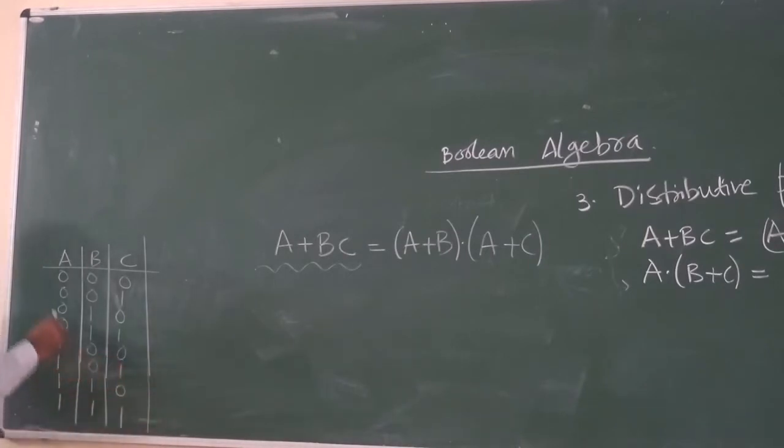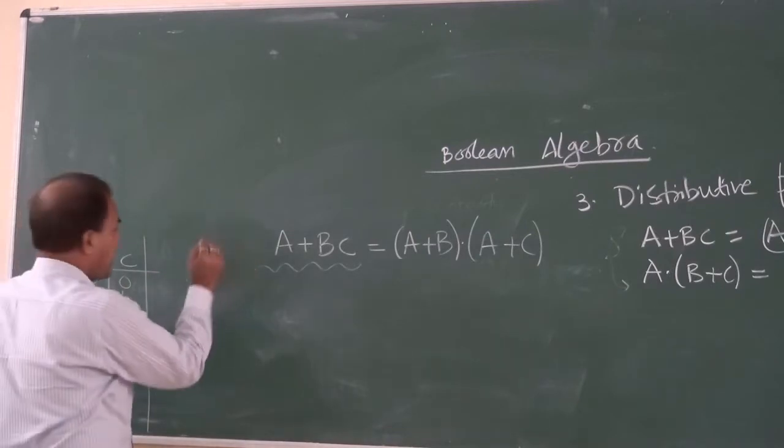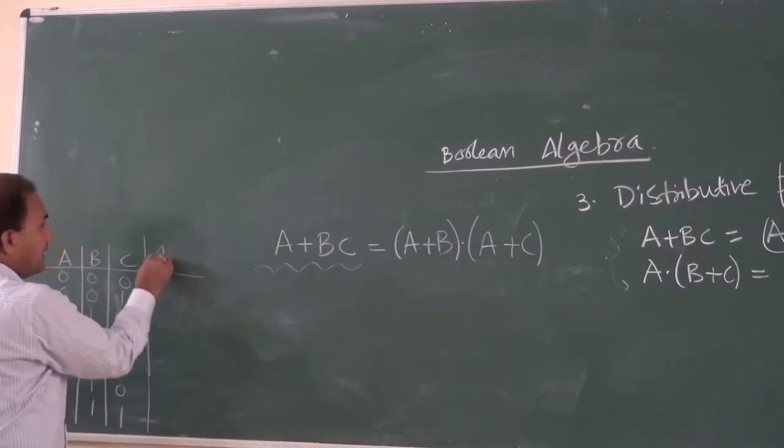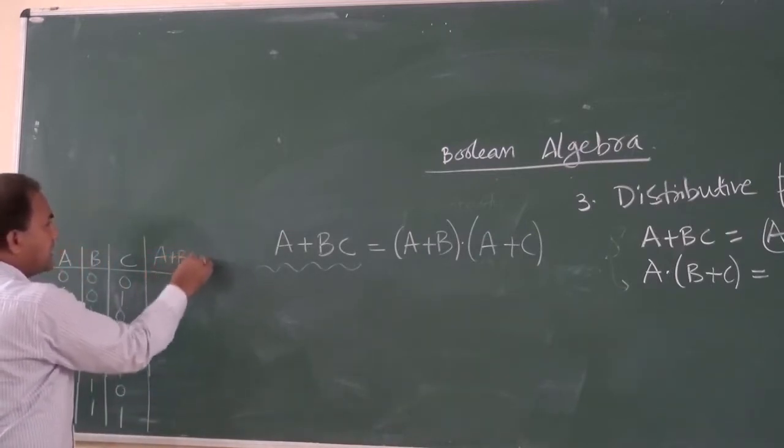So these are the possible combinations, 0, 1, 2, 3, 4, 5, 6, 7. Then you have to determine A plus BC.